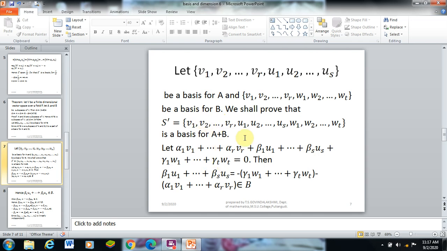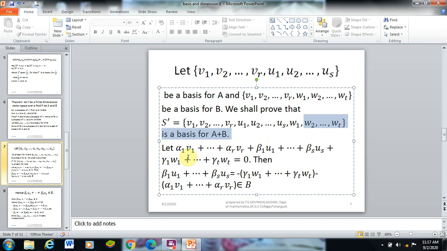Basis means this linear combination. So let alpha 1 v1 to alpha r vr plus beta 1 u1 to beta s us plus gamma 1 w1 to gamma t wt equal 0. Then beta 1 u1 to beta s us equals the remaining terms on the other side: minus gamma 1 w1 to minus gamma t wt, minus alpha 1 v1 to minus alpha r vr.